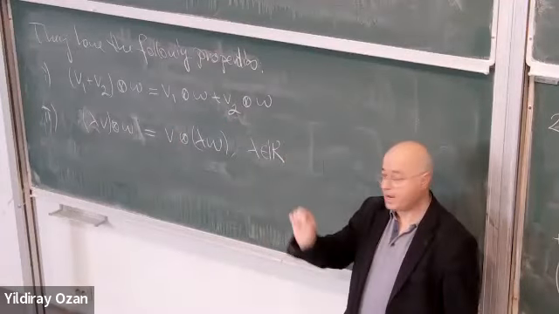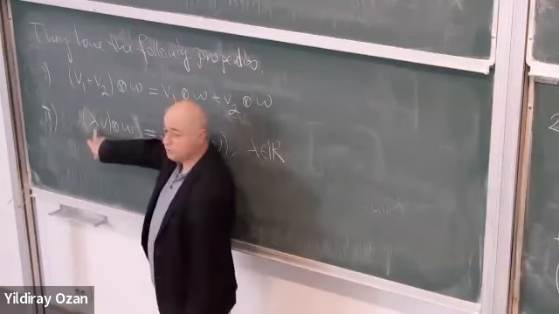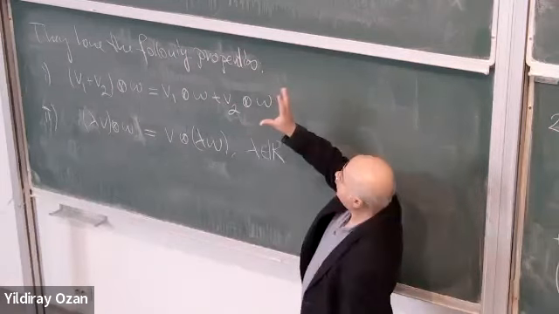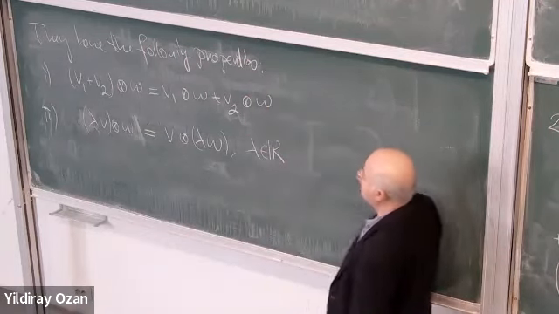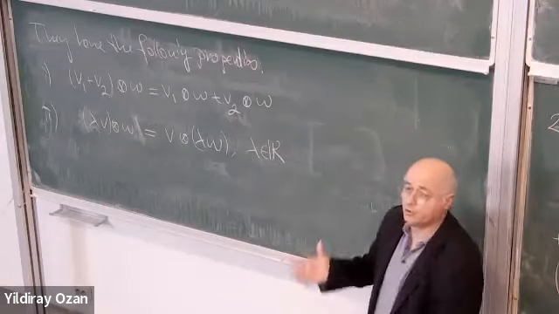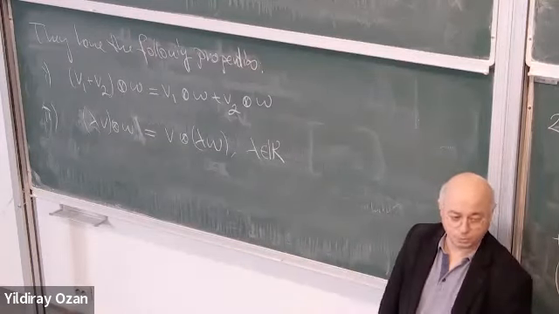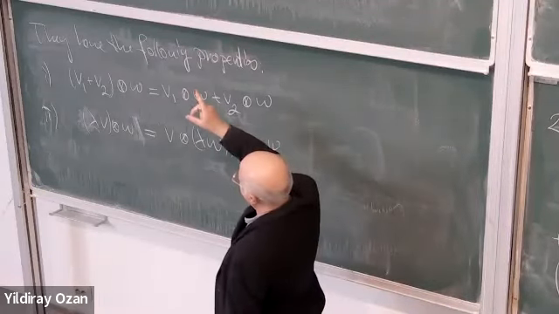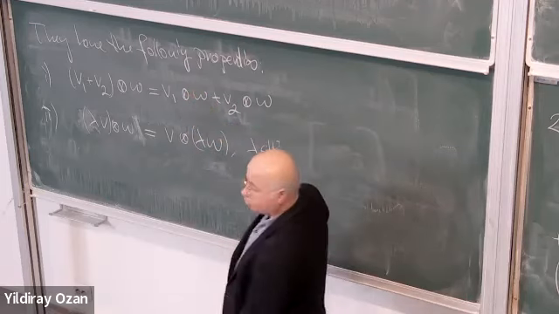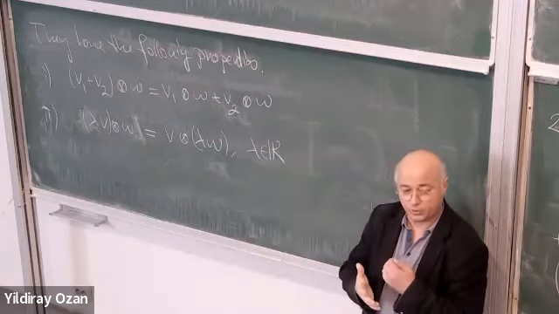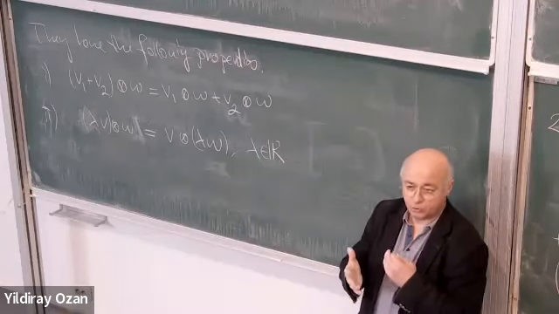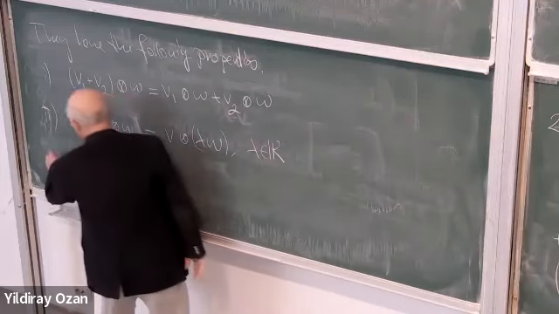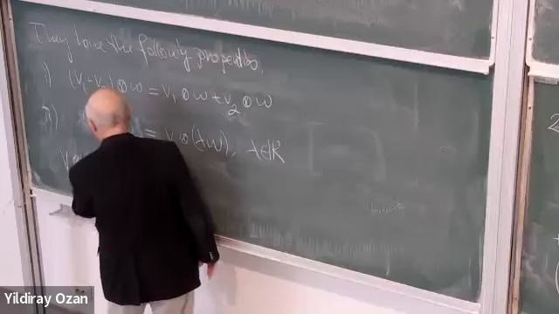I can just take this constant from here to here. These are the two properties that this tensor product satisfies. It's a part of the definition of the tensor product. And then we claim that this tensor product is also a vector space over the field K.